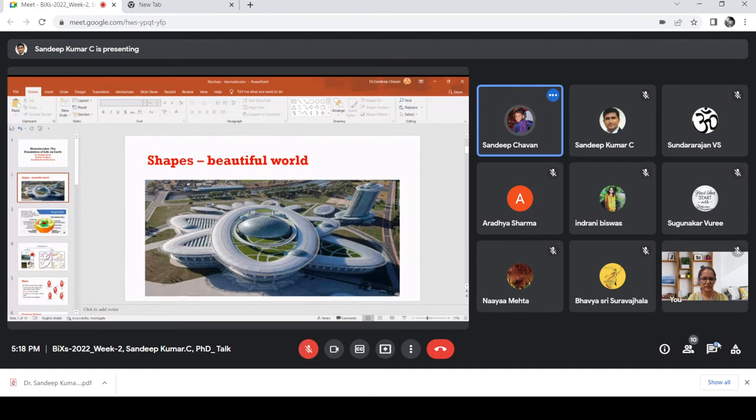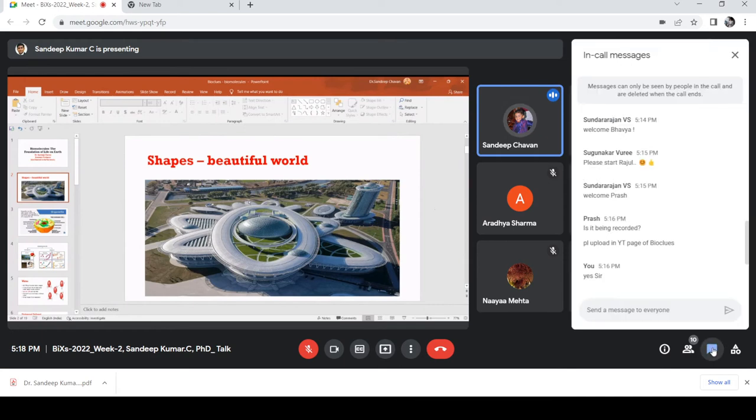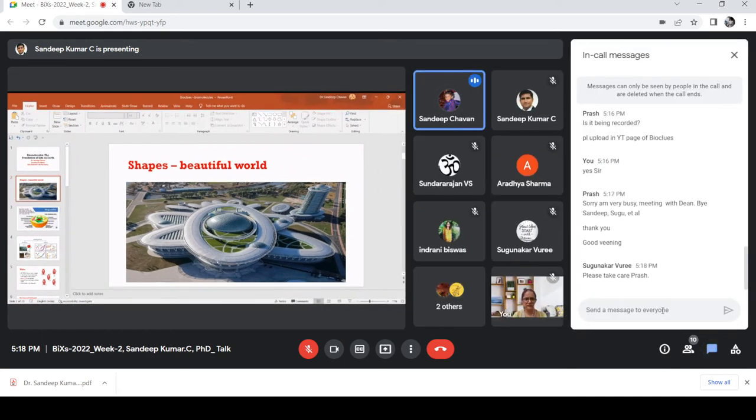You will find circle, rectangle, ellipse, oval shapes. These different kinds of shapes are making such a beautiful building.